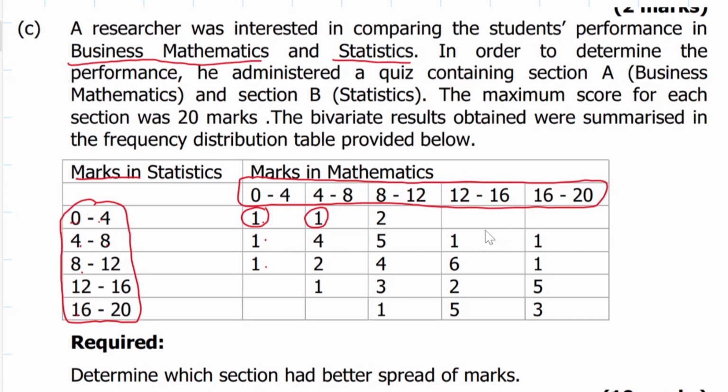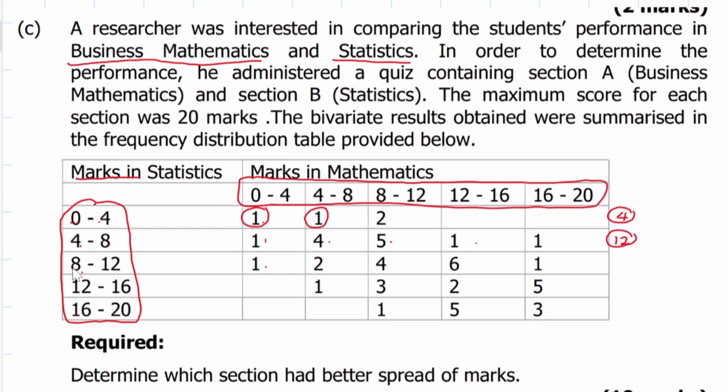So what we are trying to say here is the way this thing is structured. Marks in statistics, those who got 0 to 4, we have 1, 2, 3, 4. There are 4 people here. Those who got between 4 to 8 marks in statistics, we have 4 plus 1, 5, that is 10, 11, 12. There are 12 people here.